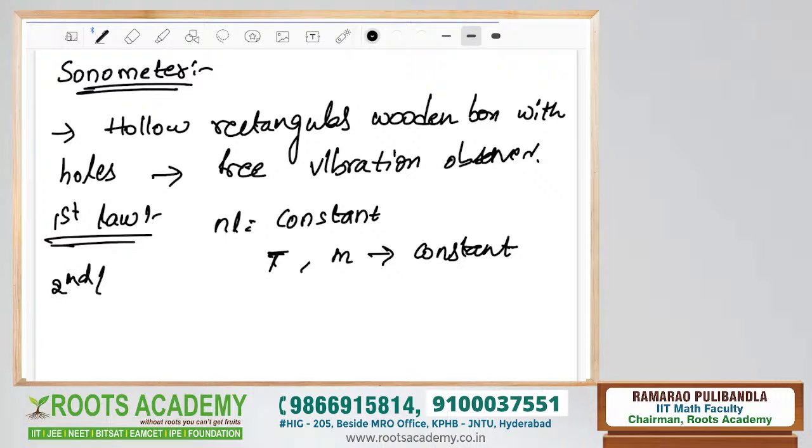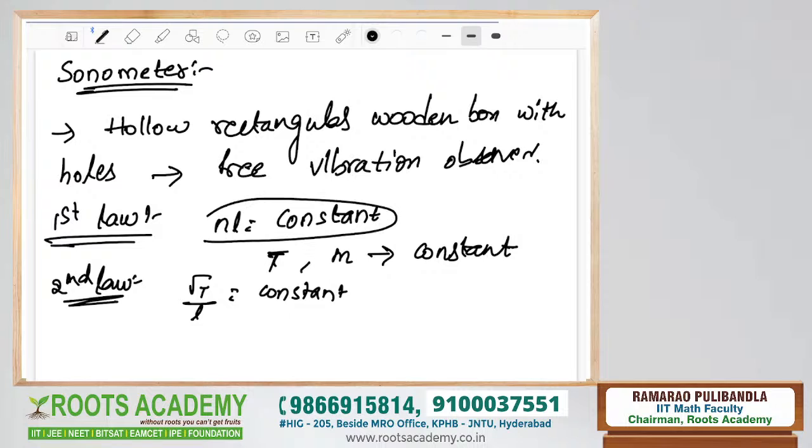And the second law: root T by L should be constant. So if nL is constant, that is the first law, keeping the tension and the linear density constant, and under root of T divided by L is constant. And the third law, in which L into under root of m is constant.